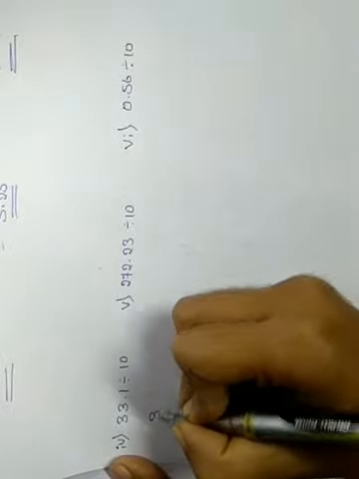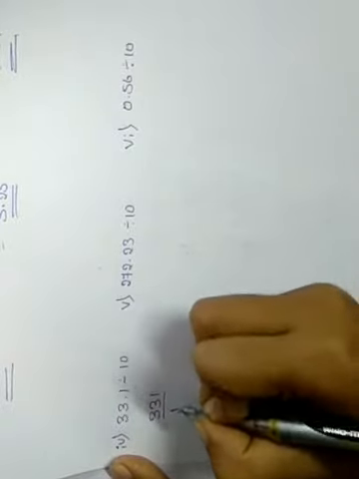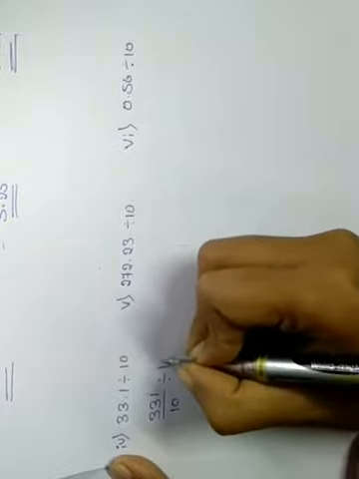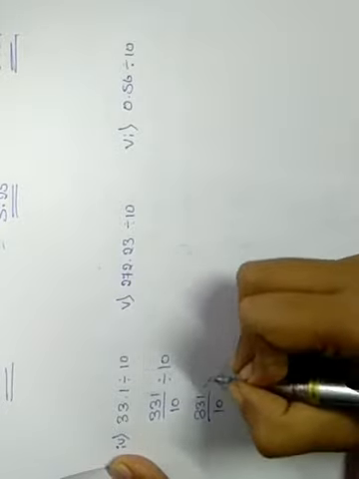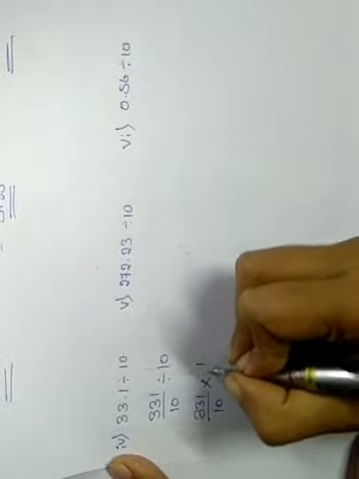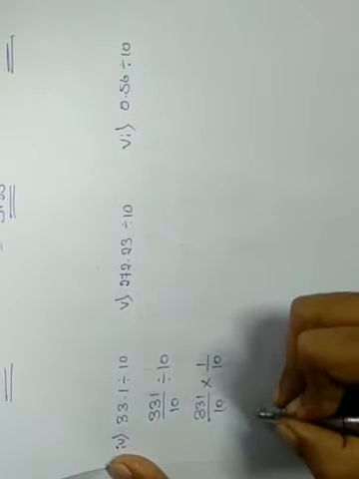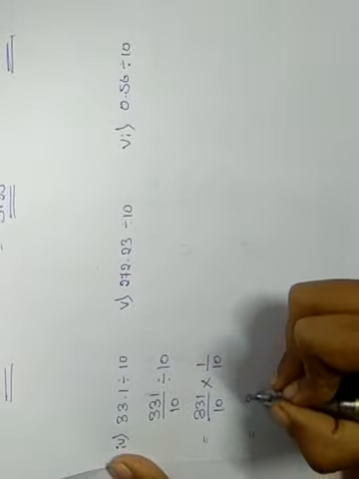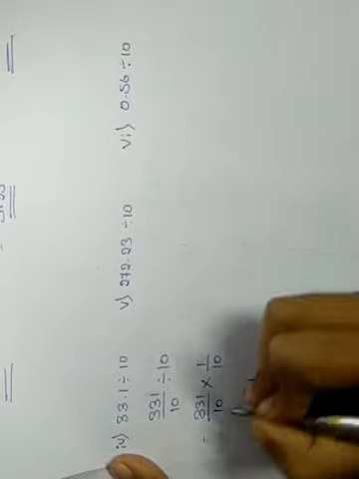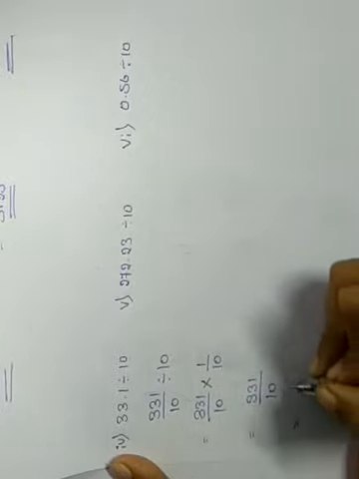Then fourth one, 33.1 divided by 10, again division symbol 10. 331 divided by 10, let's change the sign to multiplication, reciprocal of 10 is 1 divided by 10. Now 331 ones are 331, 10 tens are 100.